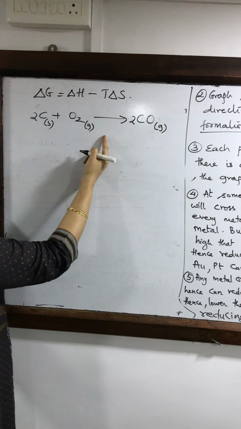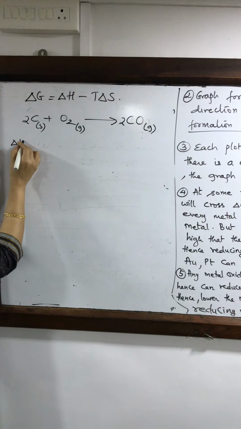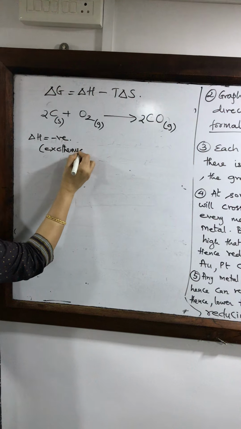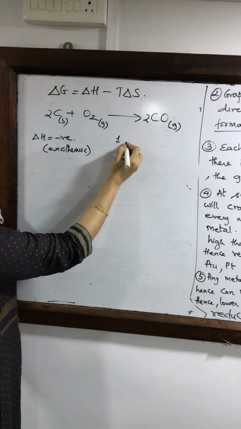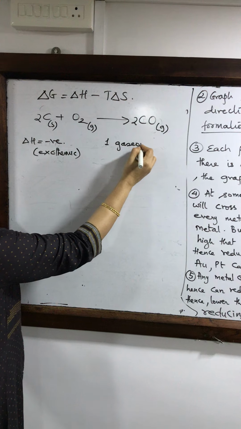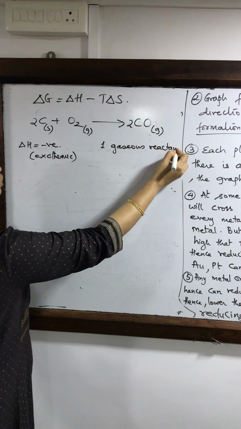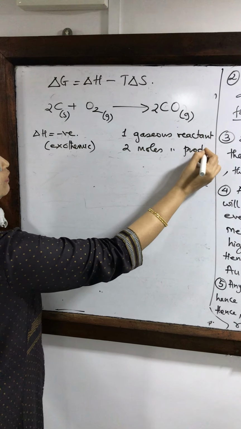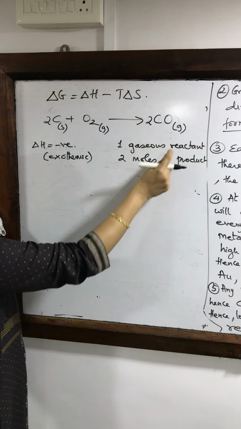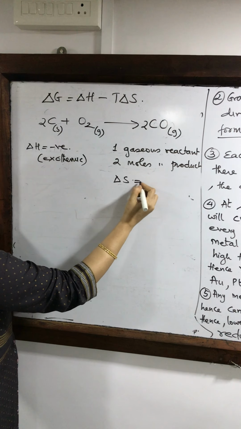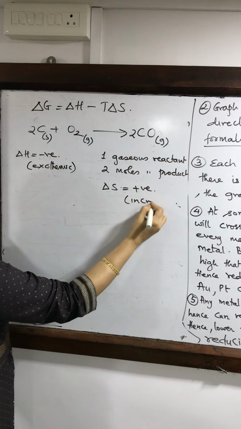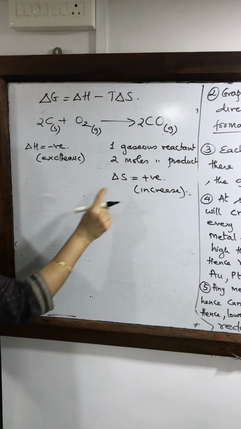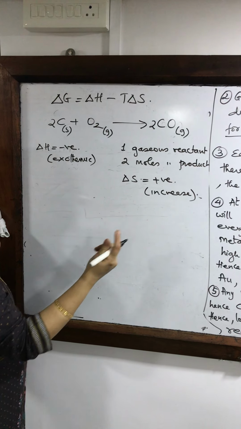So in this equation, this is a reaction with oxygen, so it is an exothermic reaction, and therefore delta H will be negative. You will see that here 1 mole of gaseous reactant is converting into 2 moles of gaseous products. So the number of gaseous products is becoming more. So here entropy is increasing, because from 1 mole of gaseous reactant we are getting 2 moles of gaseous products. So entropy increases, randomness increases.